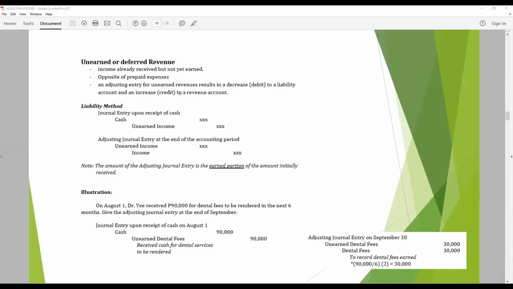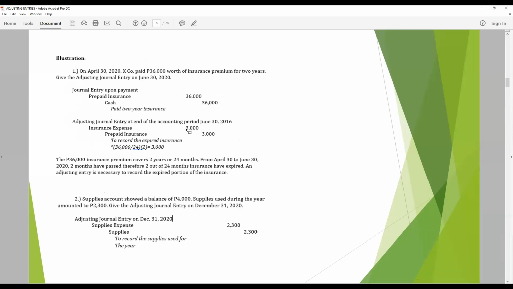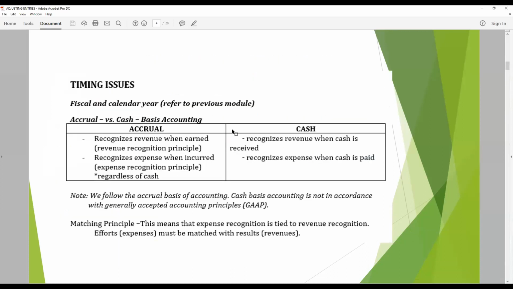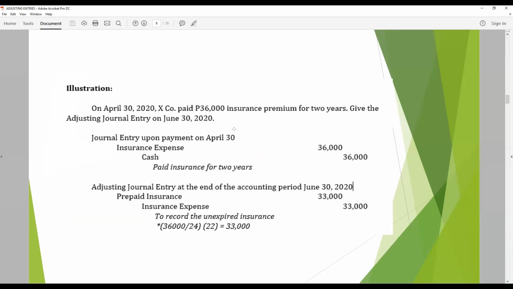Under liability method, your journal entry upon receipt of cash is debit cash, how much yung na-receive nyo from your client, and credit unearned income. Unearned income is a liability account. You don't have the right yet to recognize revenue.